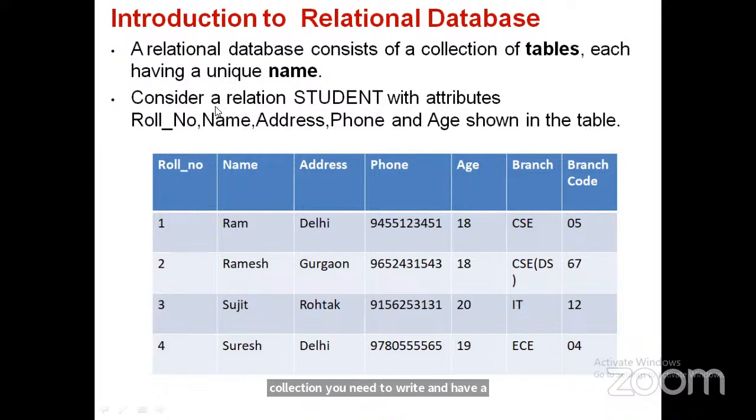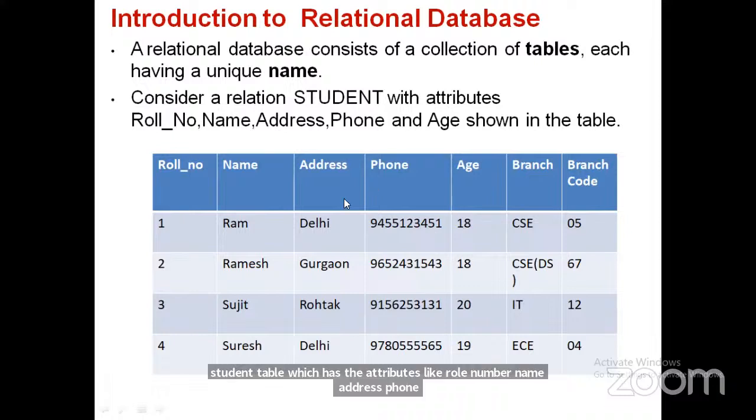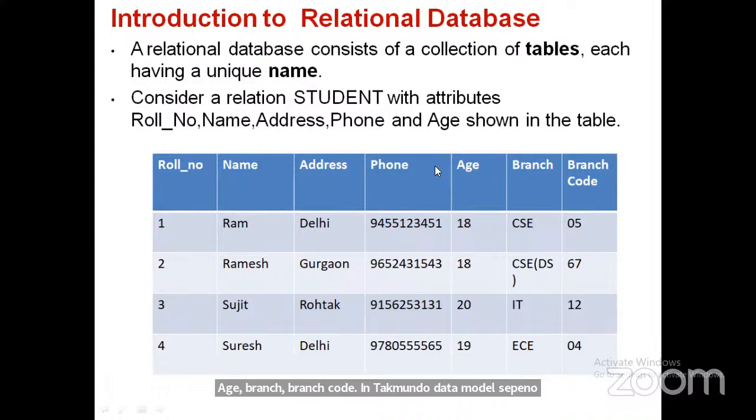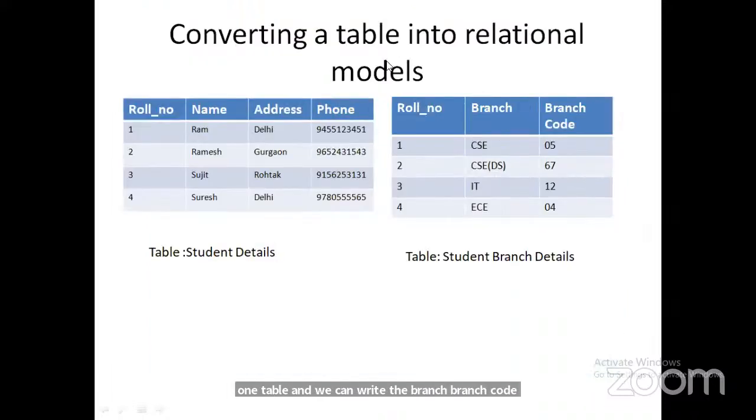Consider a relation like a student table which has the attributes roll number, name, address, phone, age, branch code. We can split this and write the complete information of the student in one table and write the branch code as a second table. So converting a table into a relational model: roll number, name, address, phone as student details.